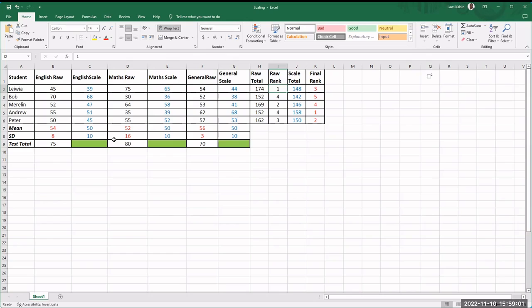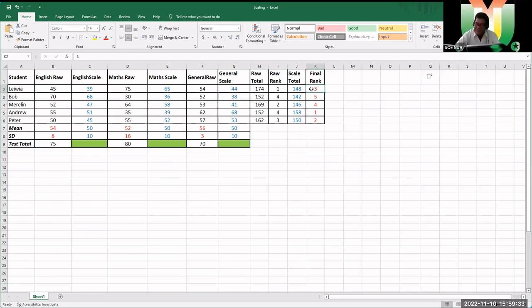She got 75 out of 80, and that 75 overrides the general and English raw scores, and therefore puts Lewia at the top. When we scale, all these go under one common standard deviation and one common average, and now Lewia's position is third. So no longer first, but third. So she will get the third prize.